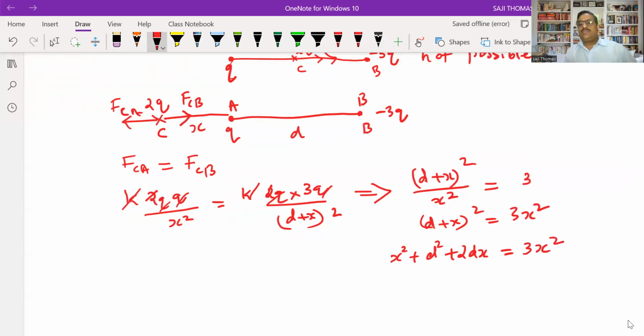Now take all terms to one side: 3x square minus x square, 2x square minus 2dx minus d square equals 0. So you can find out x. It is a quadratic equation.